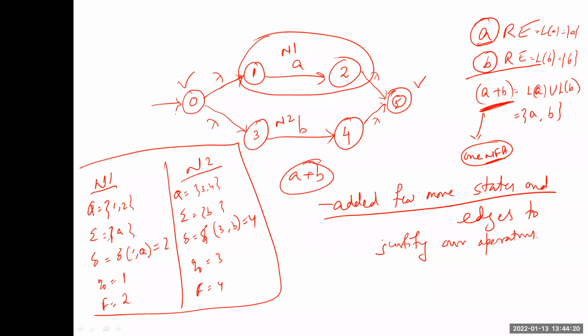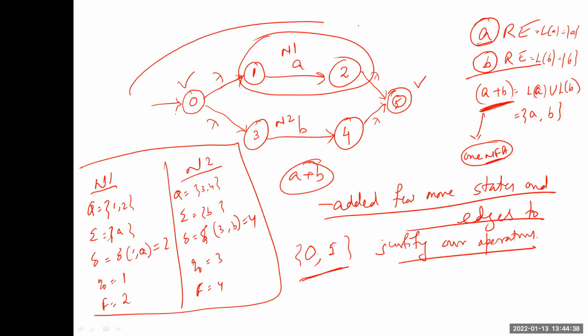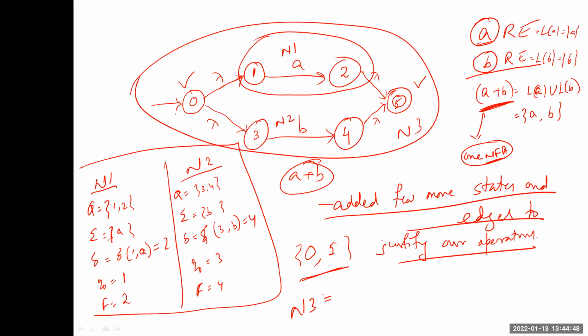Now we have added a few elements. What are the elements we have added? We have added 0 and 5 as states. Now what will be the new set of states of this newly generated NFA, which is 0, N3?